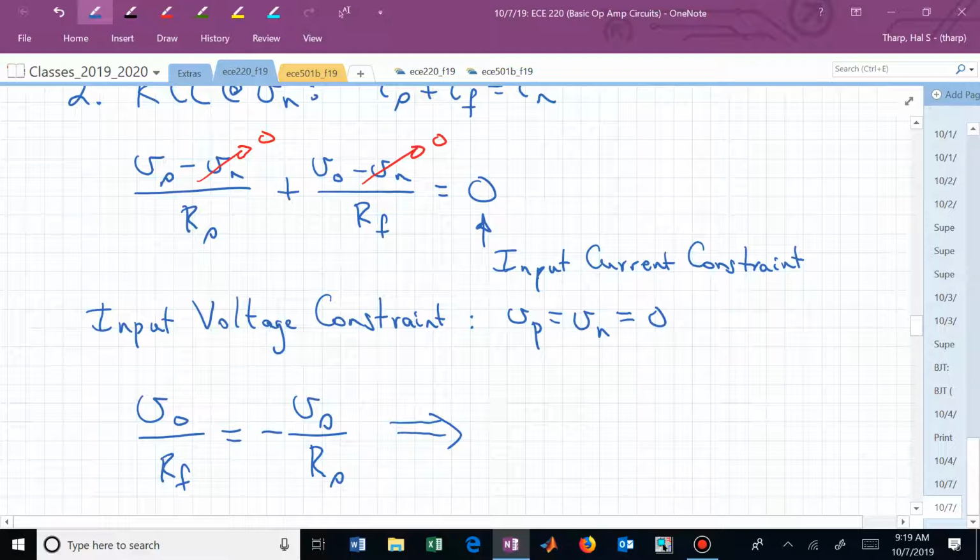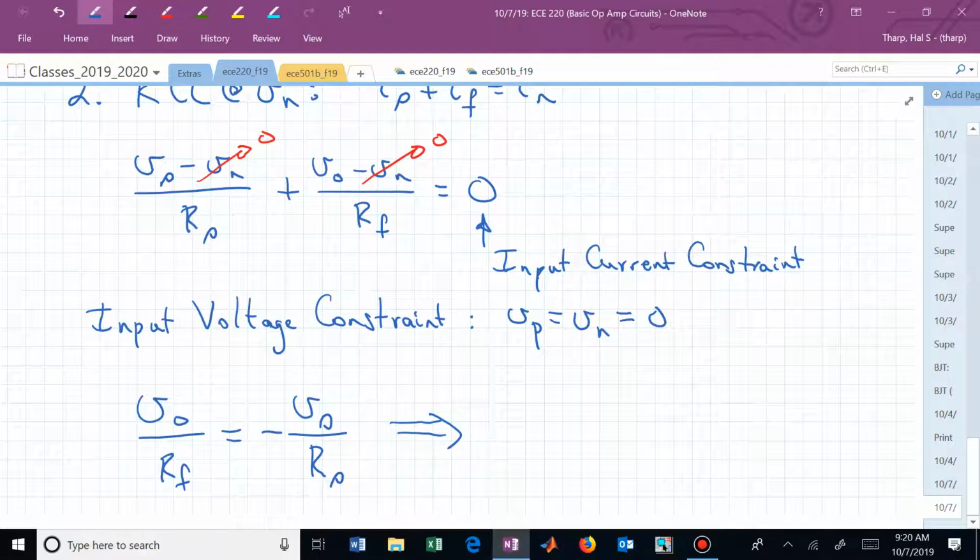And we actually want a voltage gain. We want to know if I put in a V sub s, what's going to pop out at V sub o. We want to look at this ratio of V sub o over V sub s. Let's divide both sides by V sub s, and at the same time multiply both sides by R sub f.